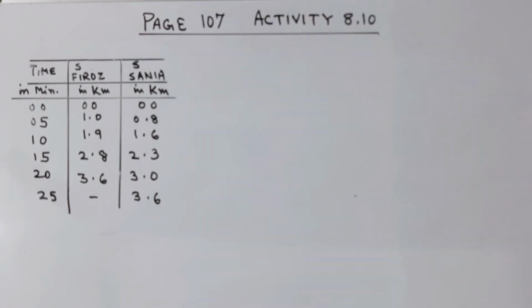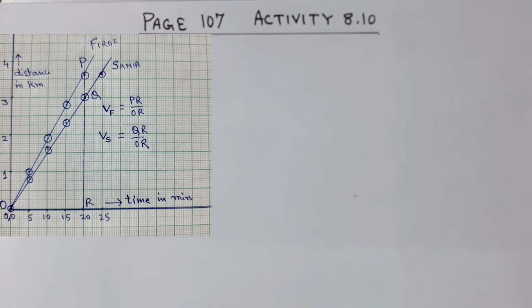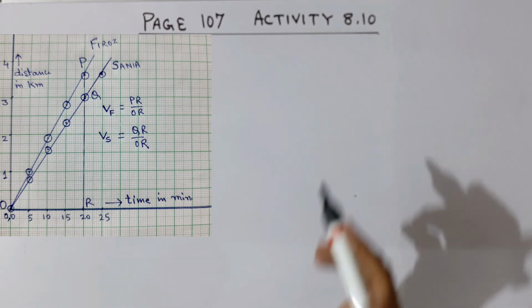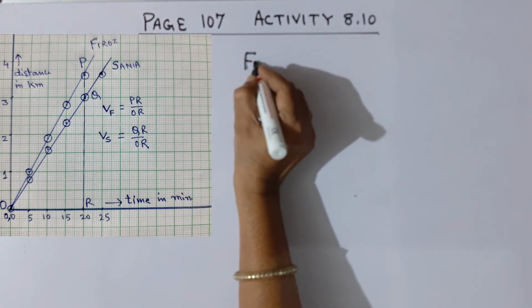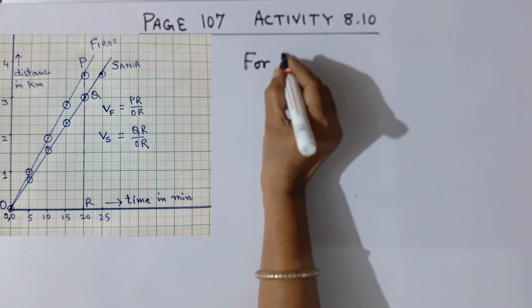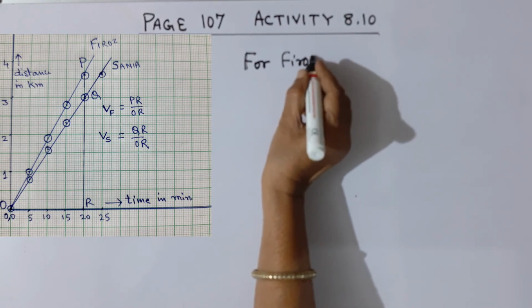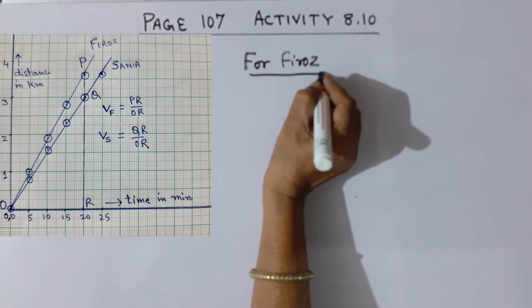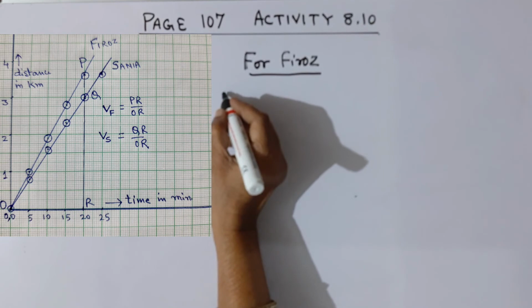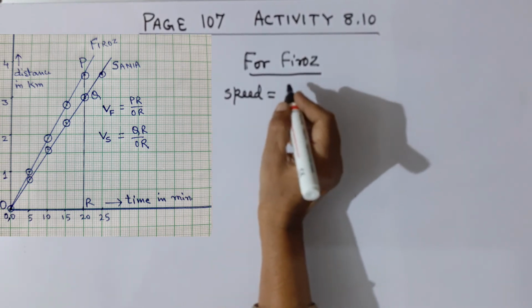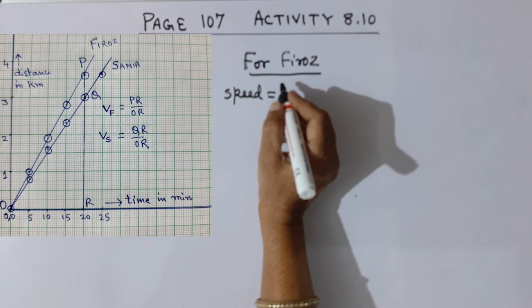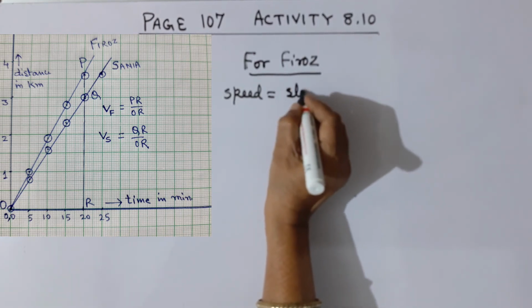Now let us calculate the speed of the two siblings. For Firoz, speed, as we know, can be calculated from the slope of a distance-time graph.